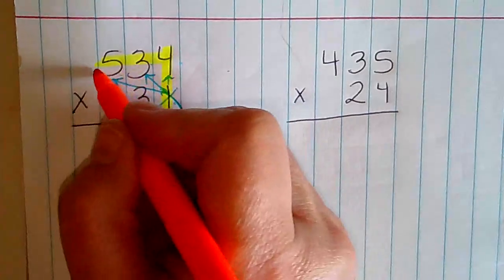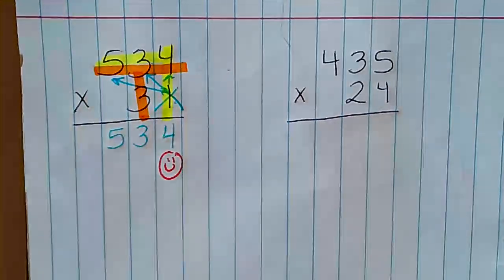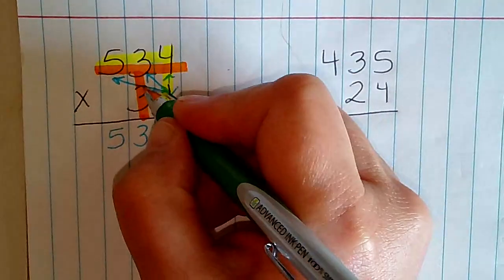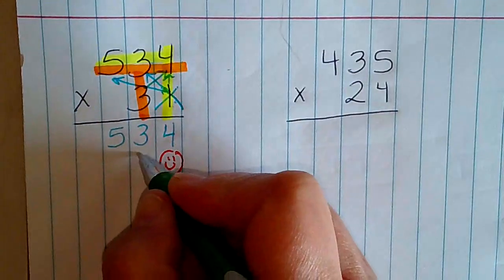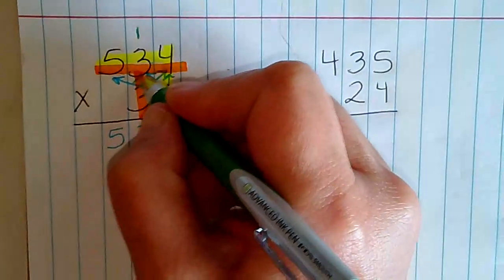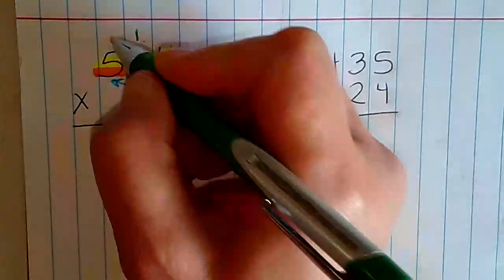Okay, so we are going to multiply 534 times 3. All right. So 3 times 4 is 12. Put our 2, carry our 1. 3 times 3 is 9, plus 1 is 10.